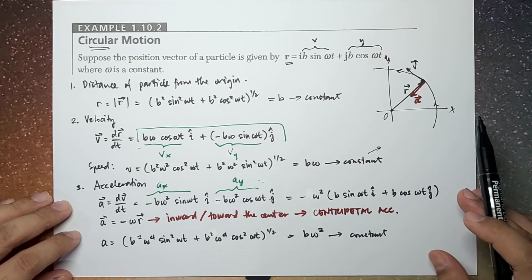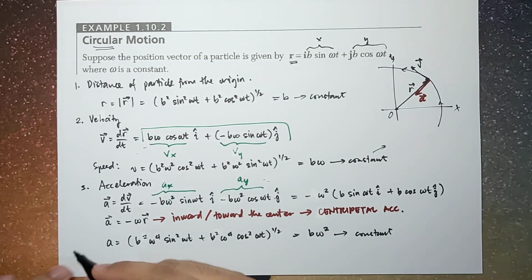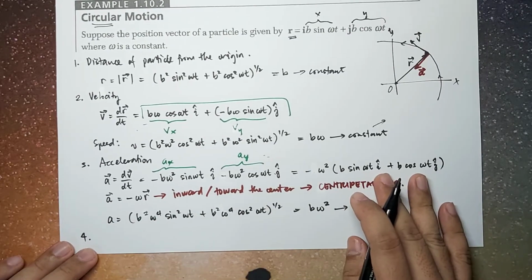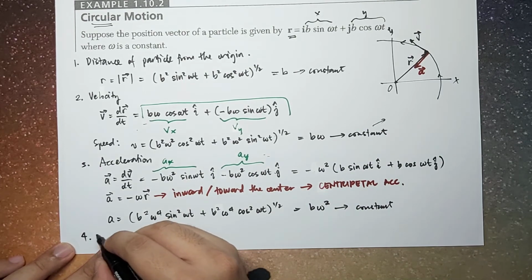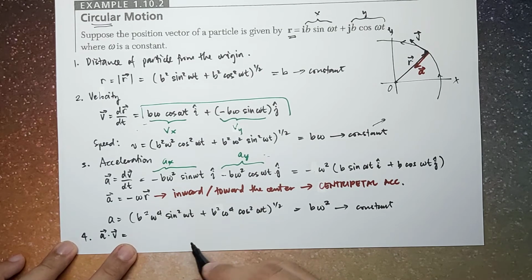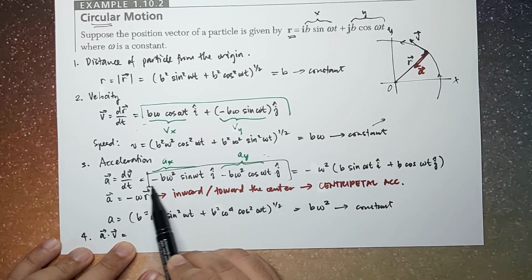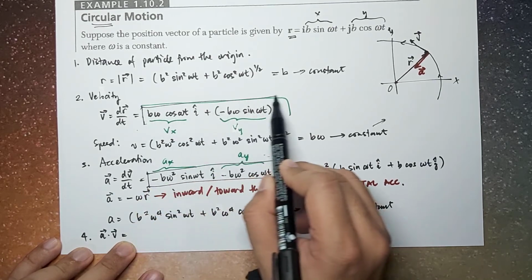And finally, if we want to take the dot product between acceleration and velocity, we can take the dot product of this with this.